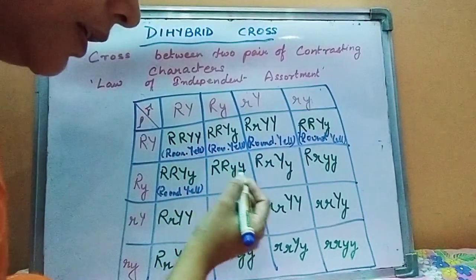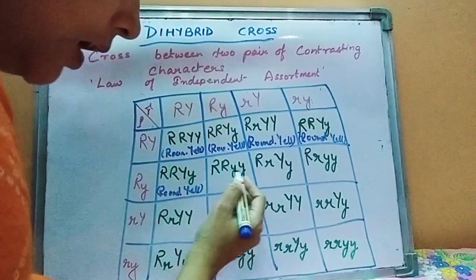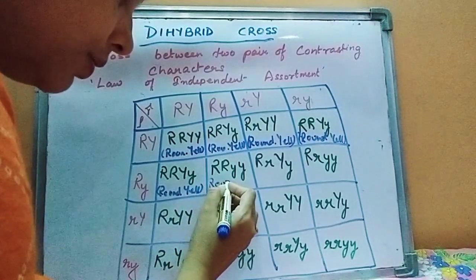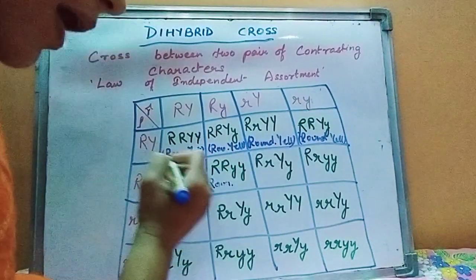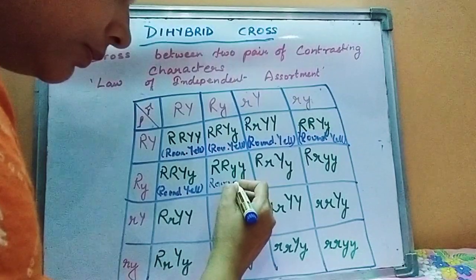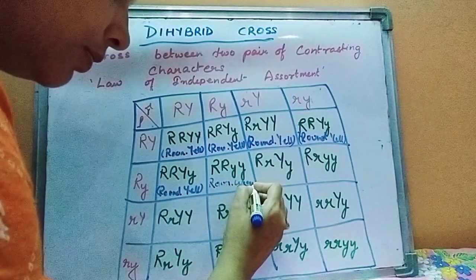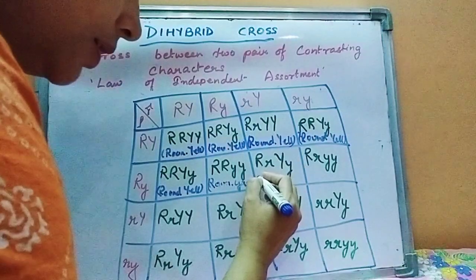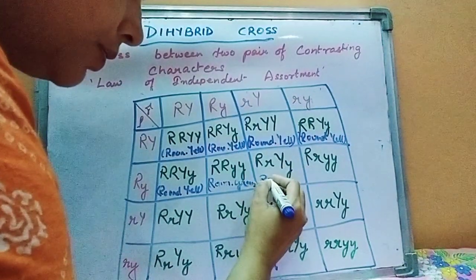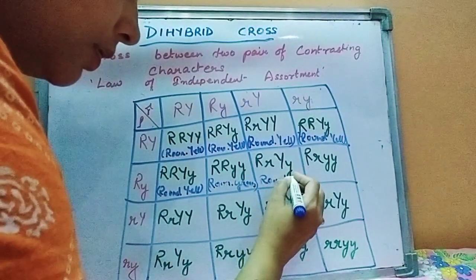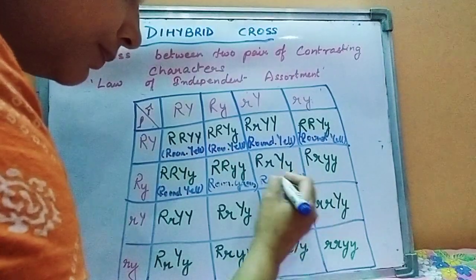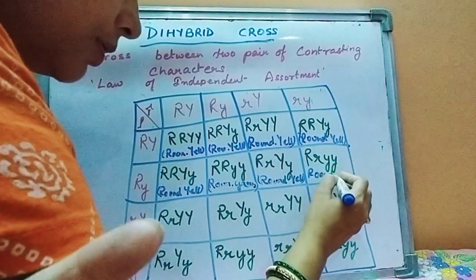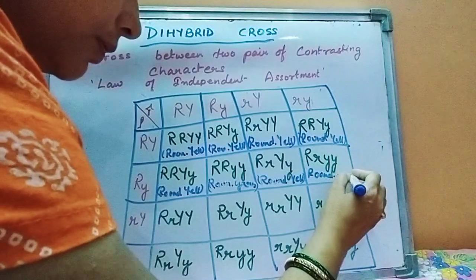Now here you can see a little change, 2 capital R's, 2 small y. So that means one will be round, and y was for green. So remember, this one is round green. This is again round yellow. This is round green.